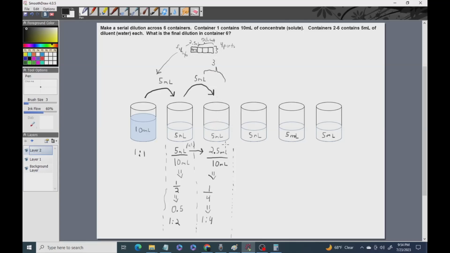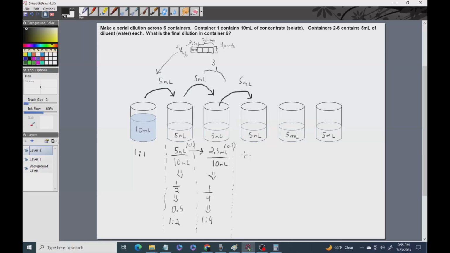So let's also use our multiplier of 0.5 that we got in the first step. And again, we added 5 milliliters from tube 2 to tube 3. So we're going to take 5 milliliters, we're going to mix this, and then we're going to take 5 milliliters out of tube 3 and add to tube 4.